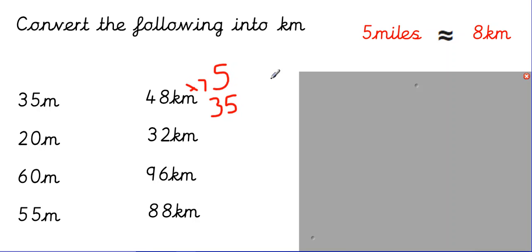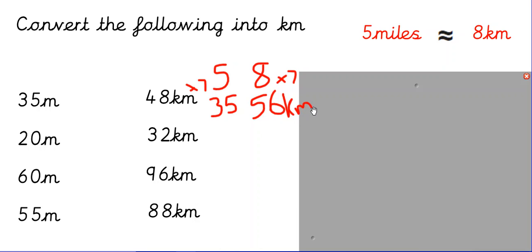And then we do the same to the other side. So we would do 8 and multiply that by 7. As you can see, the answer that I've put here is not quite right, so I should have checked this a bit more thoroughly, because 8 times 7 is 56, isn't it? So that would have been 56 kilometres.